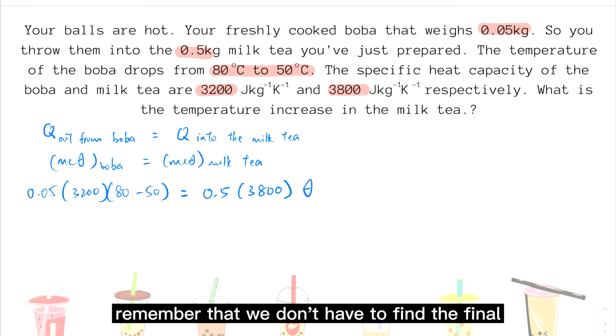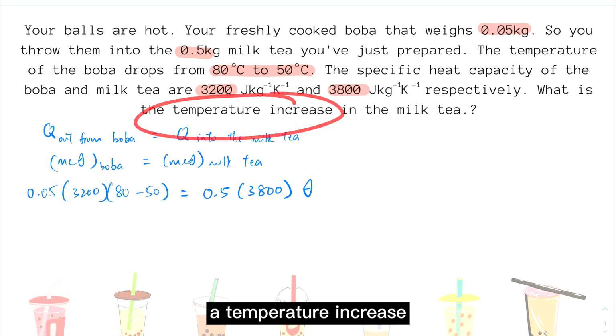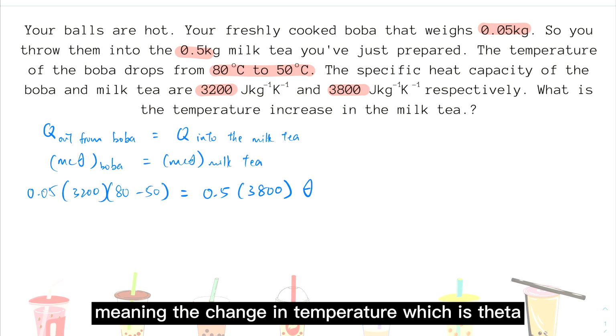Remember that we don't have to find the final temperature of the milk tea, because the question is asking for a temperature increase, meaning the change in temperature, which is theta.